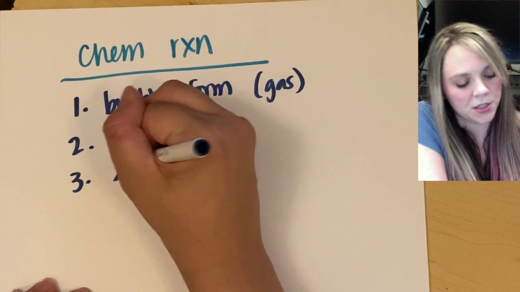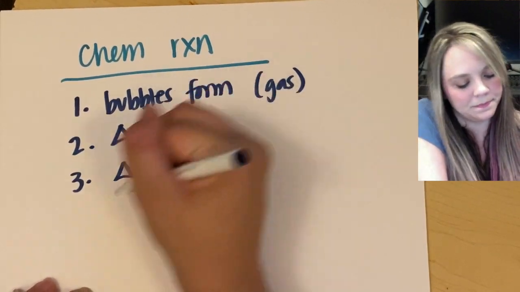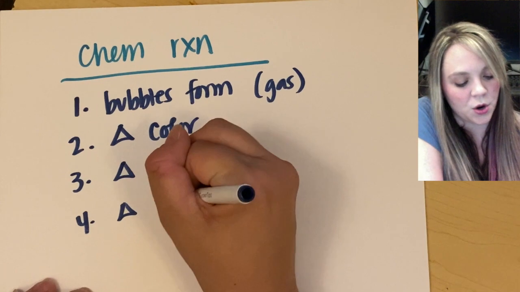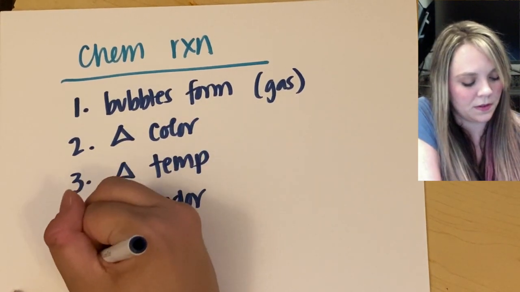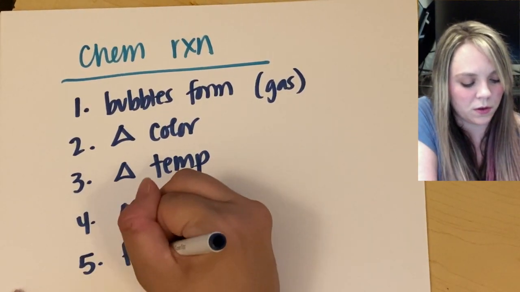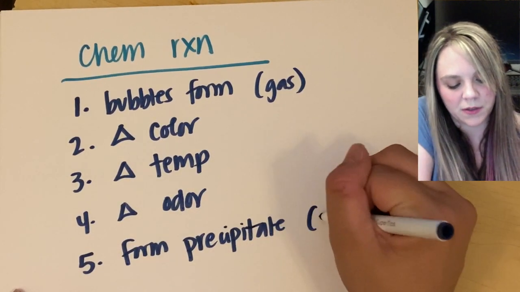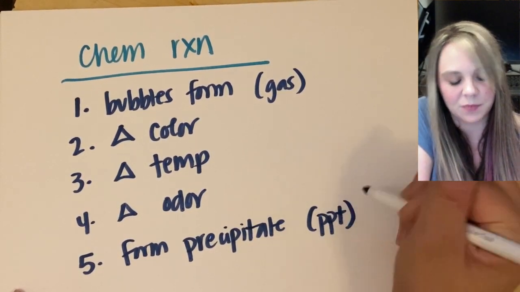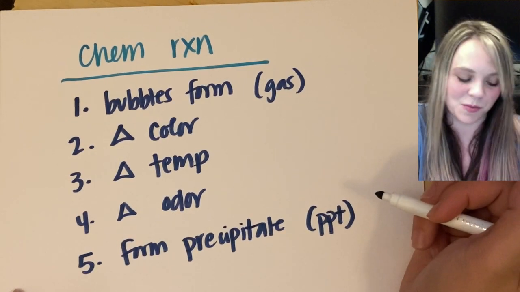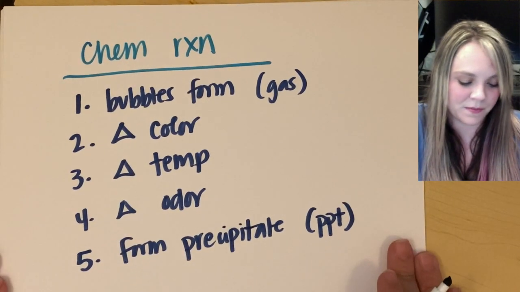Number 3 would be a change in temp, a change in odor, or you form a precipitate, which we abbreviate as PPT. Those abbreviations in chem, you're going to love them.